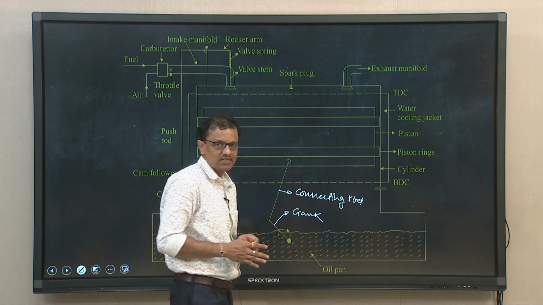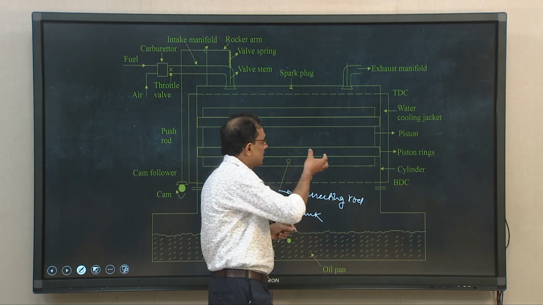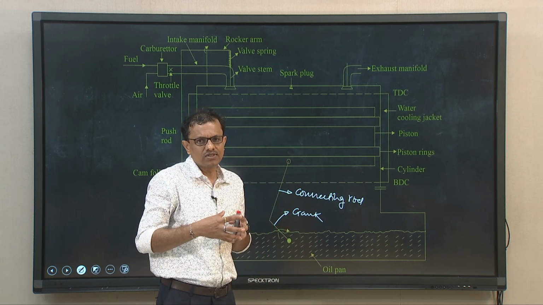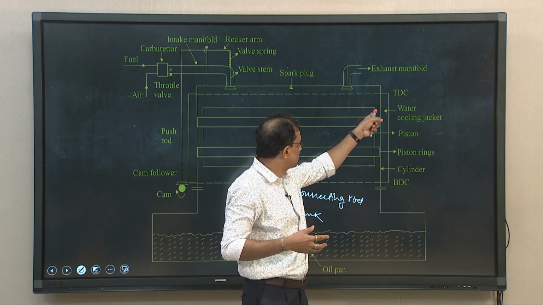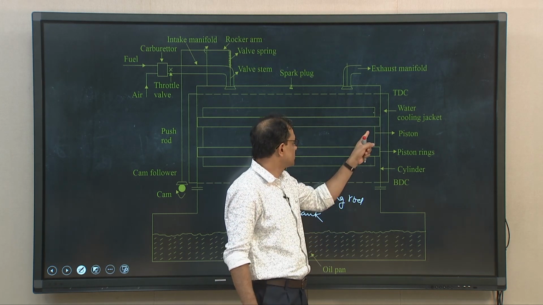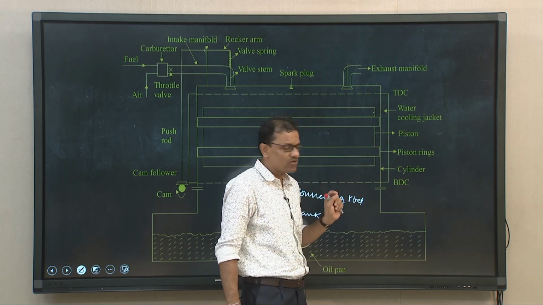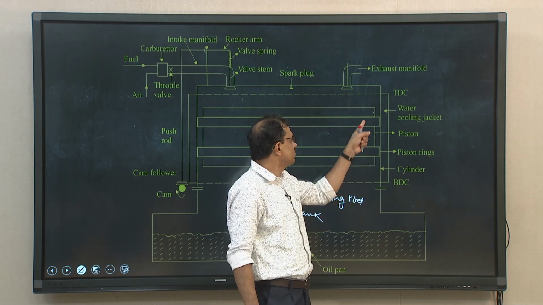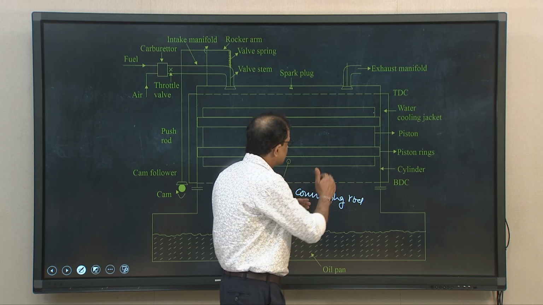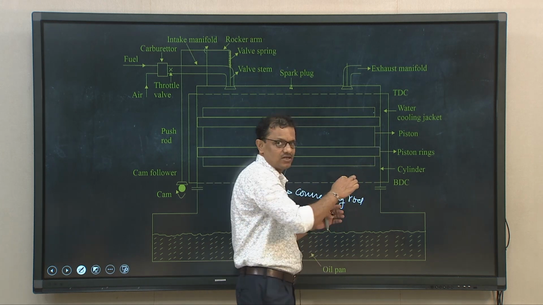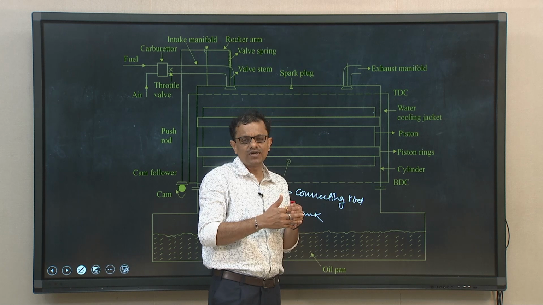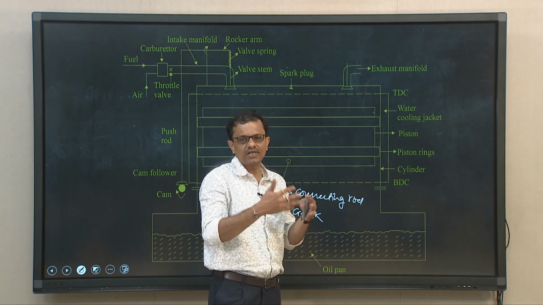Piston rings basically act like a seal so that combustion gases cannot leak out through the gap between the piston outer wall and the cylinder inner wall. And also, because the piston is continuously reciprocating between these two locations, the friction between these two mating components can reduce the lifetime of the piston.